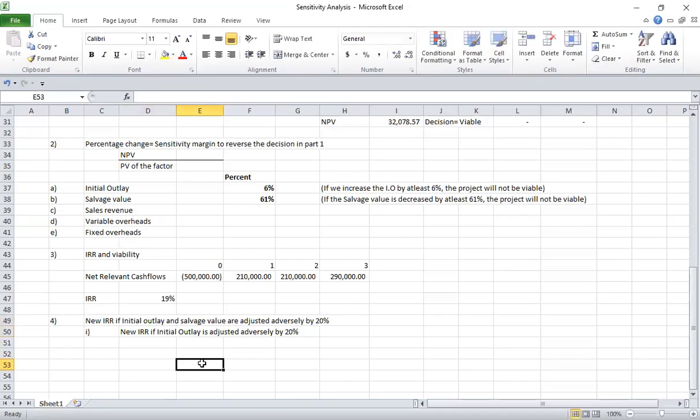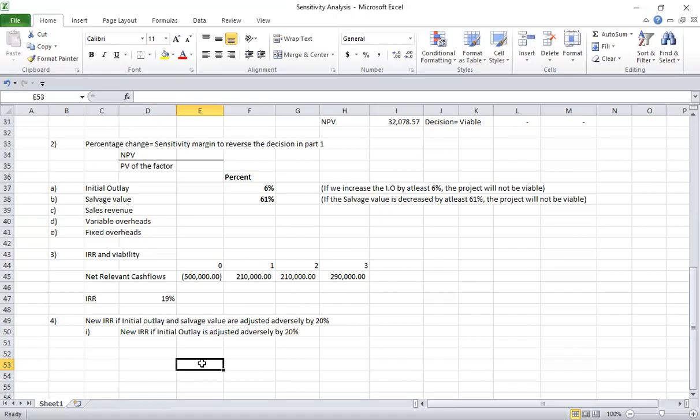Now, what does it mean to adjust the initial outlay adversely by 20%? What does that mean?